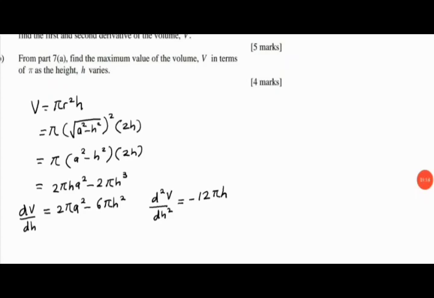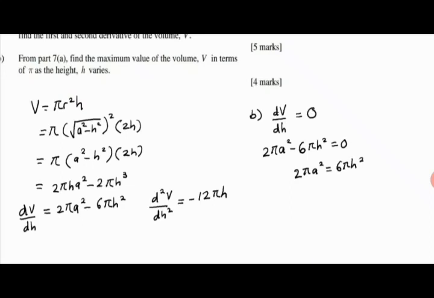And now let's solve question B from part 7a. Find the maximum value of volume V in terms of pi as the height varies. So to find the maximum, we have to find the critical number first. So we have to set dV/dh equal to 0. We already have dV/dh from question 7a, so we equate it to 0, and now we are going to find our h.